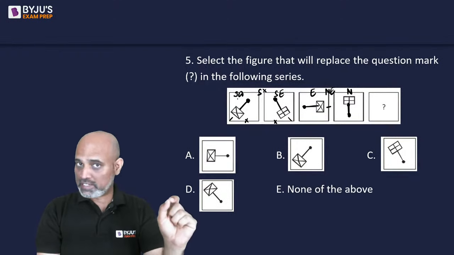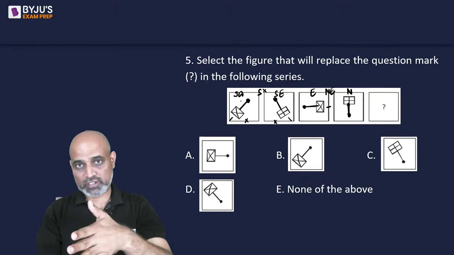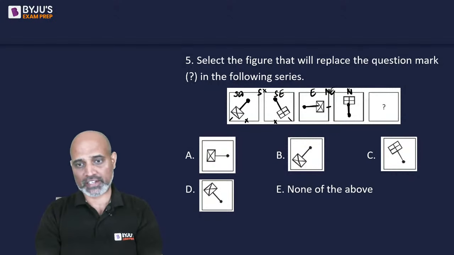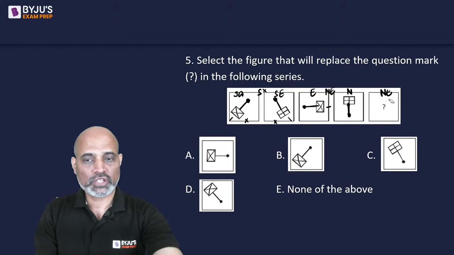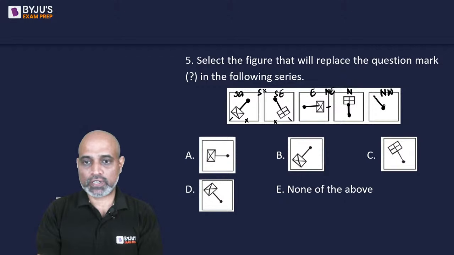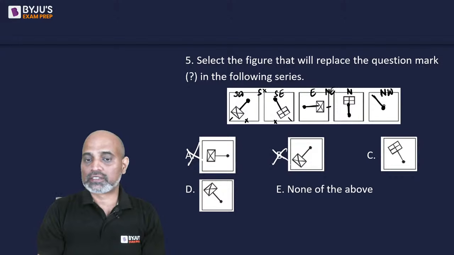So X direction, next direction skipped, next direction, then a continuation, then again a skip, then the next direction. So once we reach north, तो अब ये इसका टर्न है नॉर्थवेस्ट का, as in this should look like this. So A and B can't be our answer.